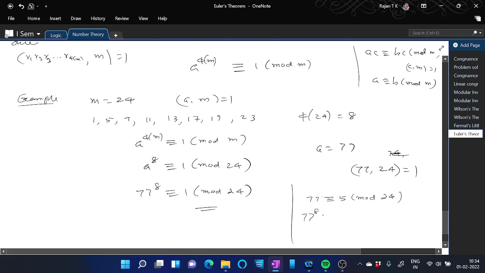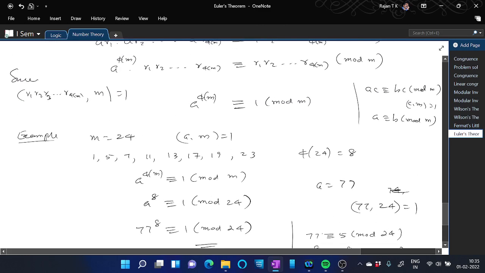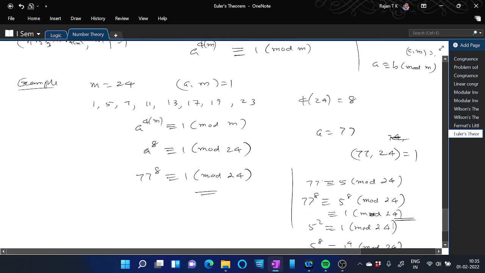So 77 raised to 8 is congruent to 5 raised to 8 mod 24, and 5 square is congruent to 1 mod 24, and therefore 5 raised to 8 is congruent to 1 raised to 4 mod 24, that is congruent to 1 mod 24. So directly by using the property of congruence relation, you can verify that 77 raised to 8 is congruent to 1 mod 24, as also by Euler's theorem.